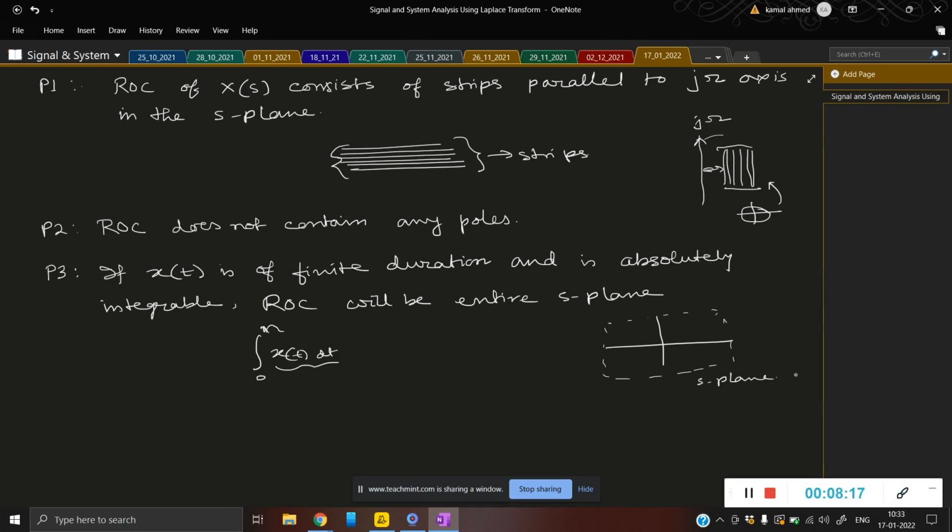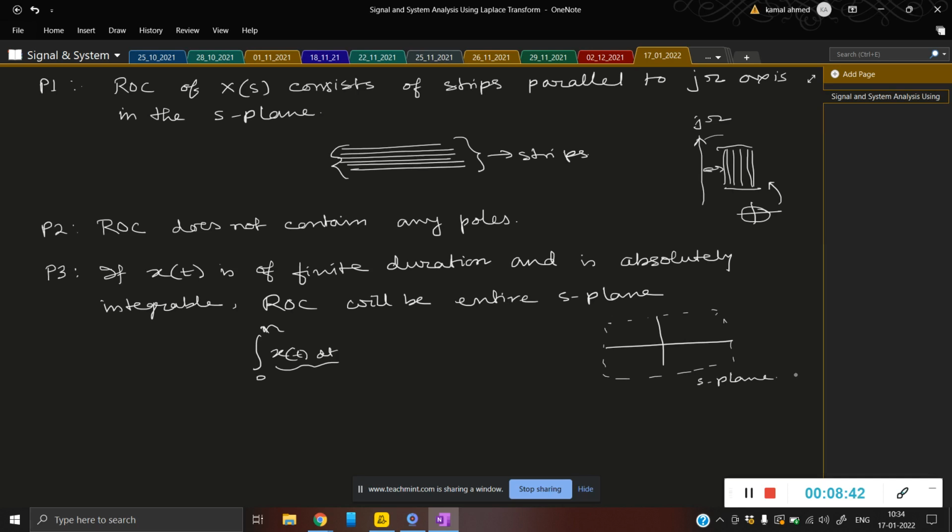If your x(t) or x(n) is infinite, with ranges 0 to finite, minus infinity to 0, and 0 to infinity, then the ROC will be different and will lie within a certain limit or boundary.